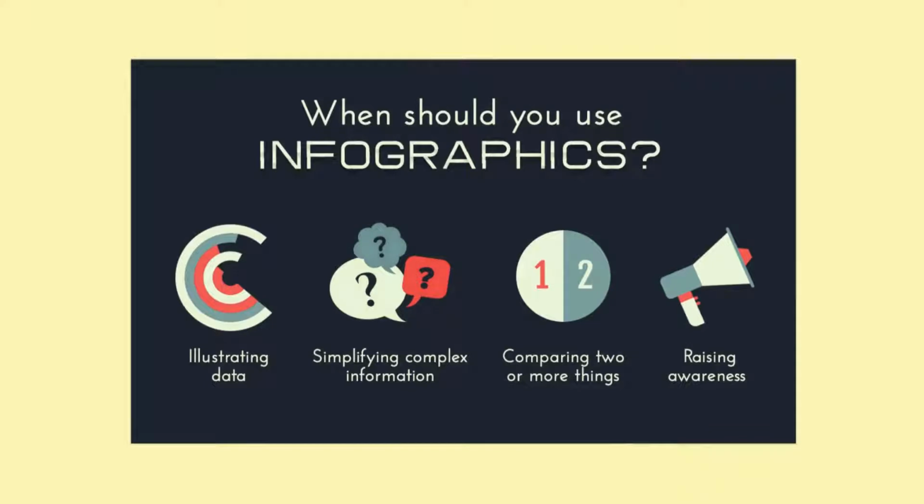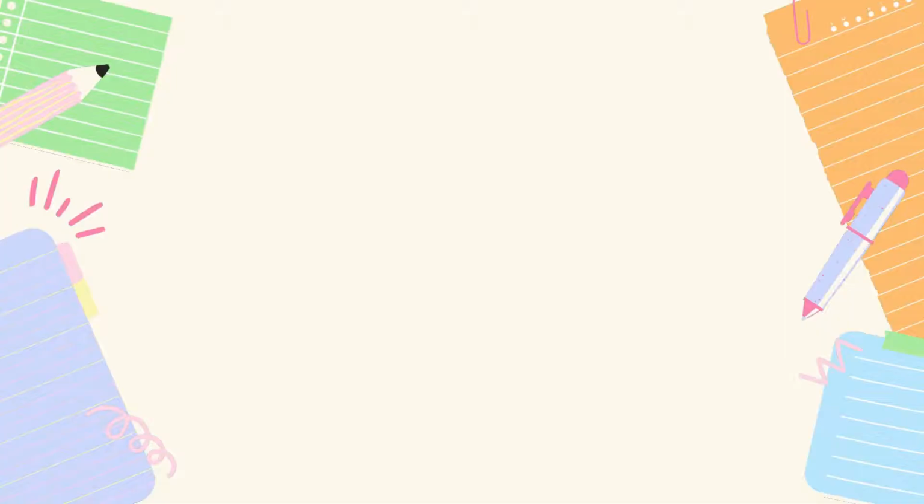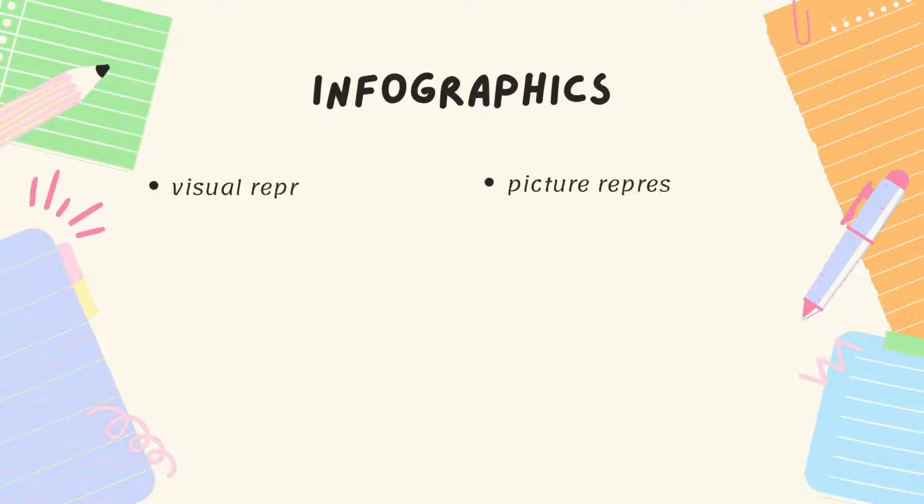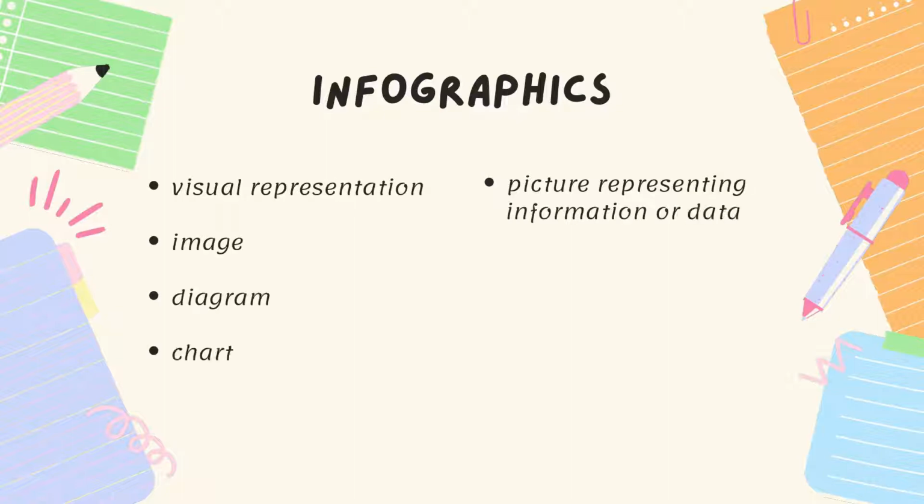So an infographic is a visual representation or an image such as a diagram, chart, or picture representing information or data. It is also eye-catching and makes use of a clear layout, attractive colors and fonts, and caricatures that provide a cohesive presentation of the information.